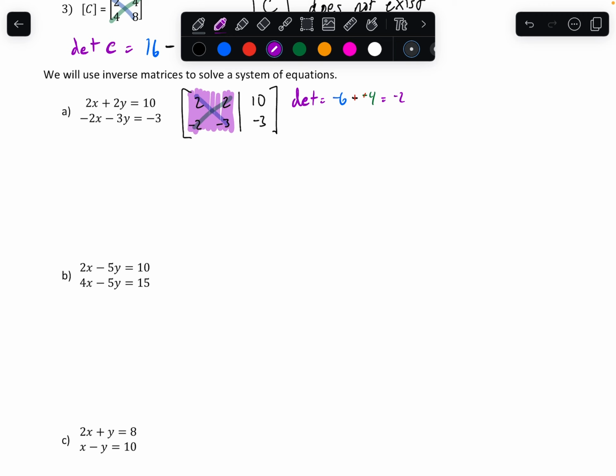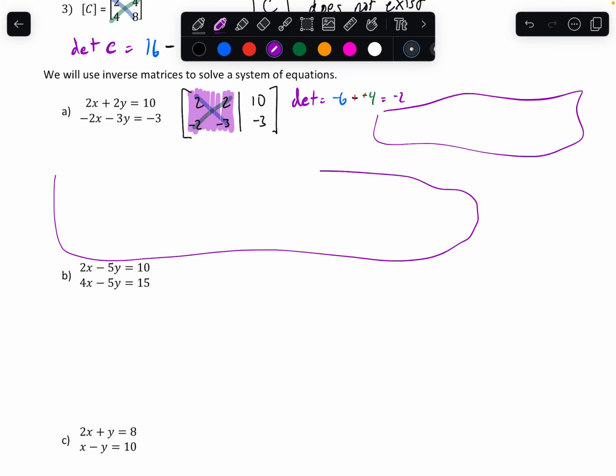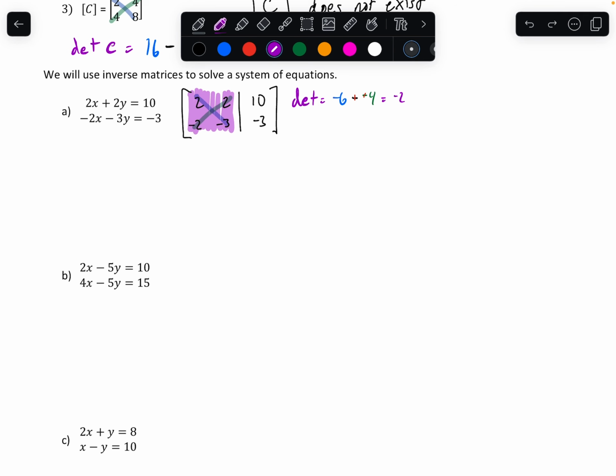I'm going to find the inverse in this space here, and then we'll come down here and actually use it. Again, I'm not going to name it, so I'm just going to write inverse equals 1 over the determinant, so 1 over negative 2, times, right?